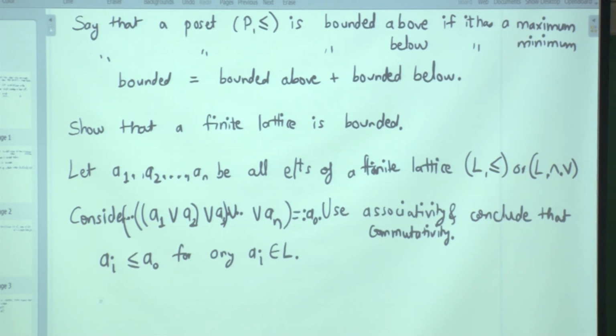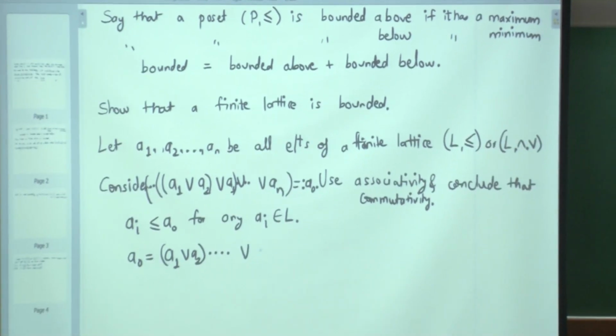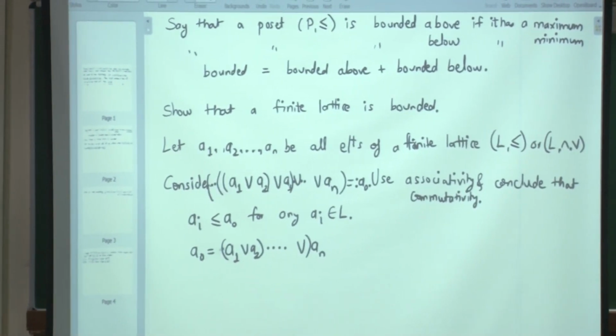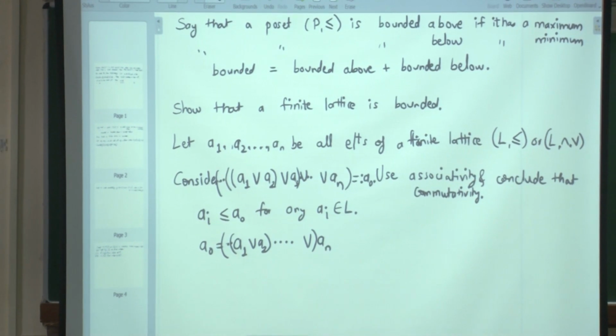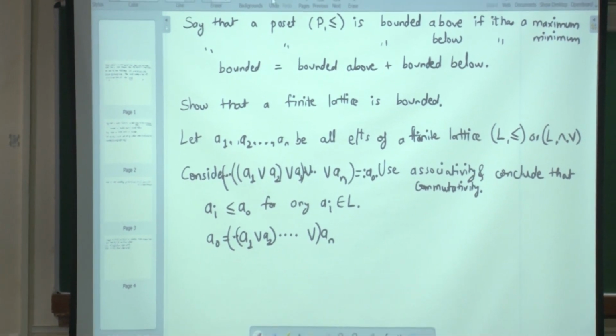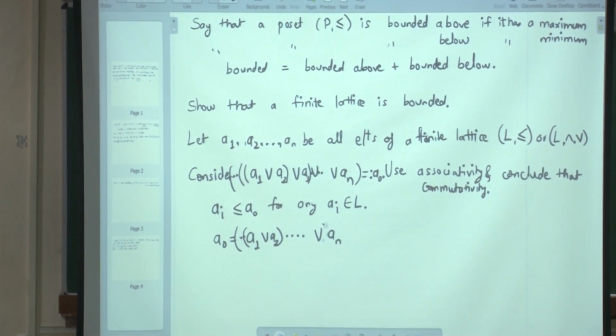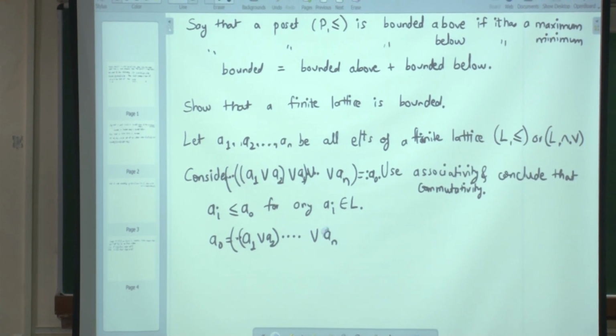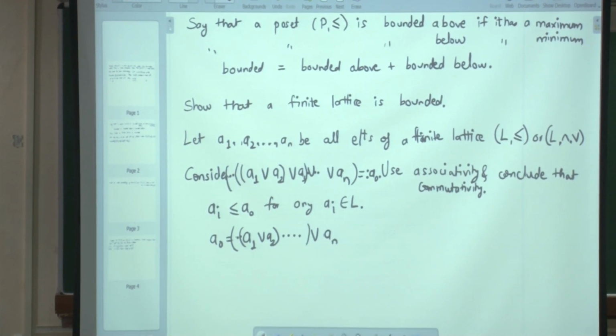What is A naught? A naught is equal to A1 join A2 and join AN. I should not write the bracket here, I should write the bracket just before that. So what is our definition of less equal in an algebraic lattice?